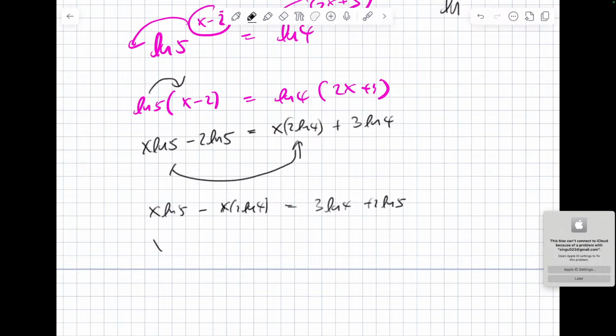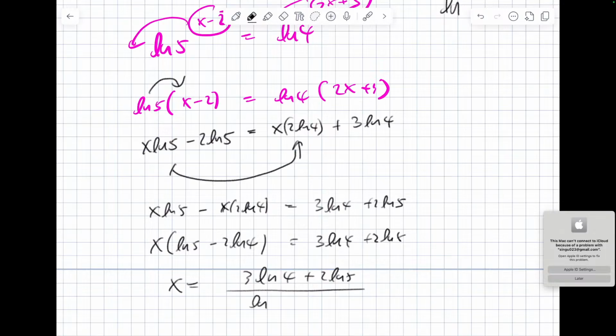Now factor out x: x times (ln of 5 minus 2 ln of 4) equals 3 ln of 4 plus 2 ln of 5. Then I'll distribute and simplify. Yeah, that's right, this one is going to be negative 6.34.